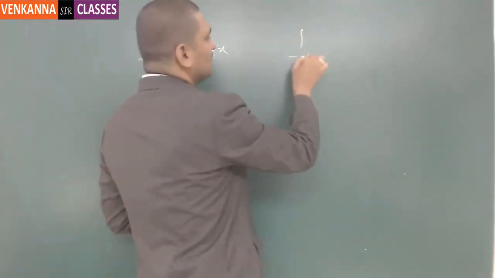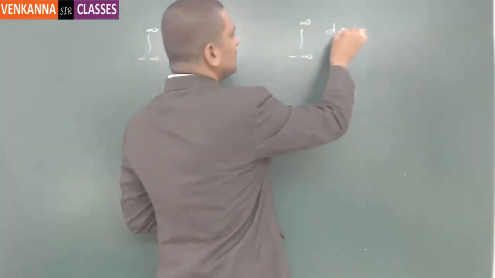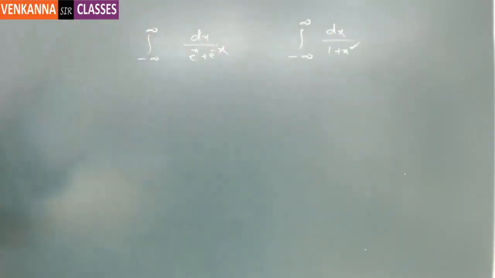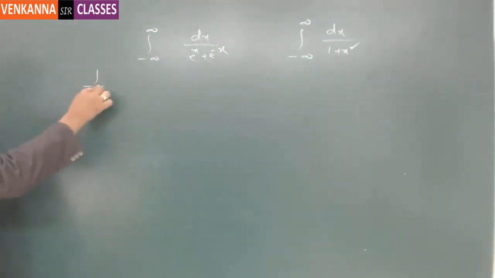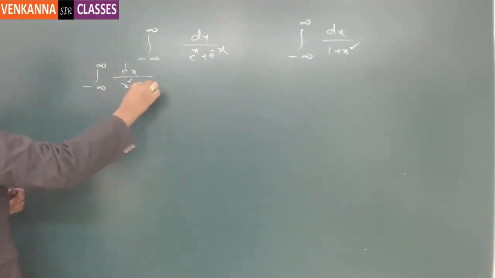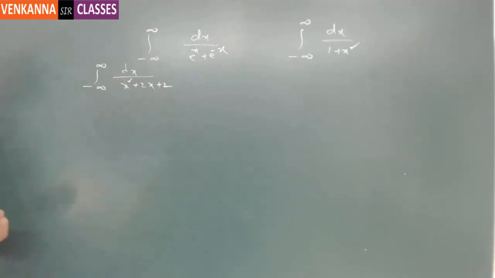The other one you can take as integral minus infinity to infinity dx by 1 plus x square. And one more, integral minus infinity to infinity dx by x square plus 2x plus 2. Let us discuss these problems.